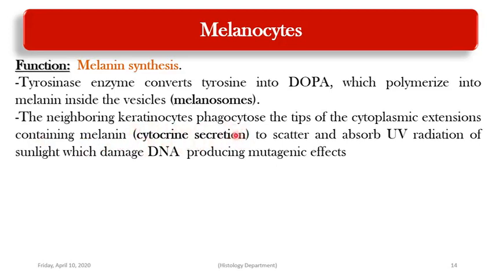So the melanocyte delivers its melanin content to the neighboring keratinocytes by cytocrine secretion to protect them from ultraviolet radiation. This ultraviolet radiation can damage the DNA, producing mutagenic effects, I mean several types of cancers.